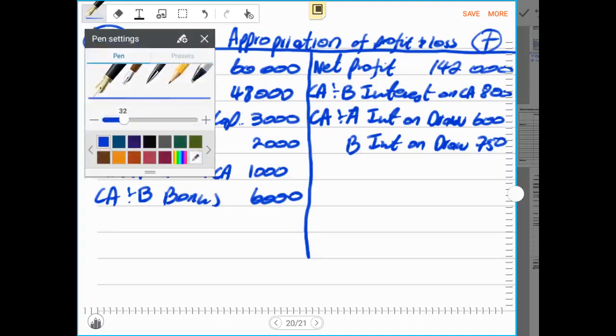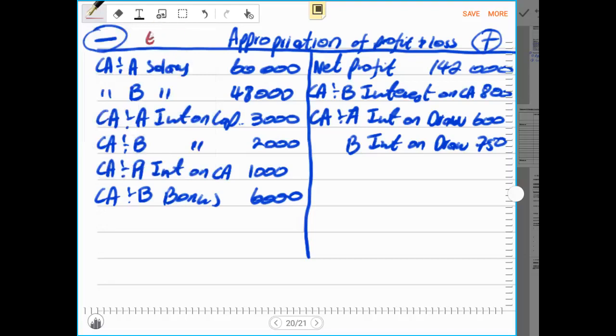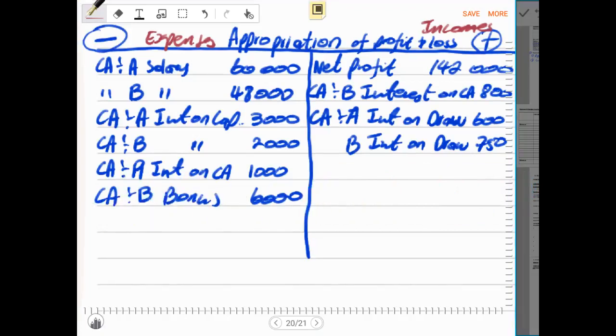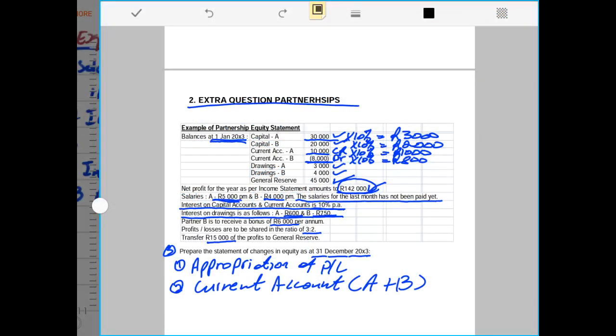So just take note of the fact that on this side we record expenses and on this side we record incomes.